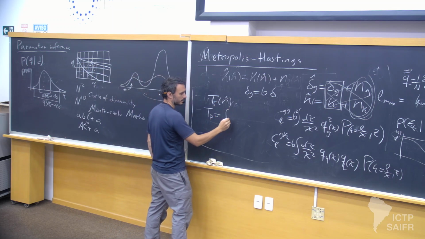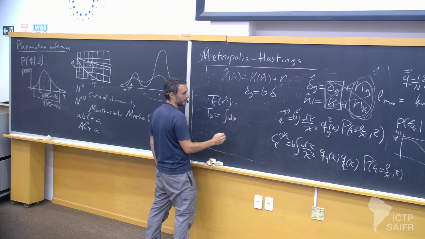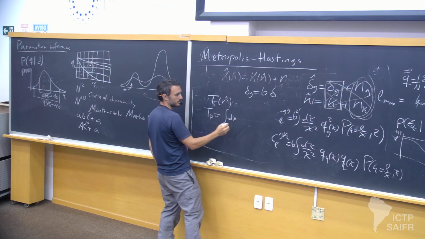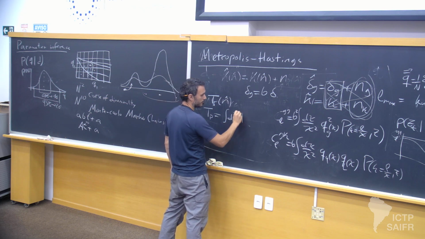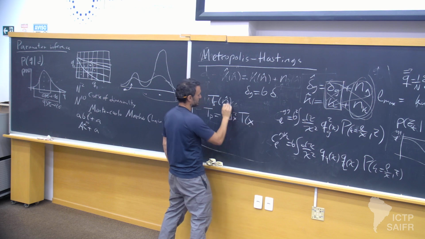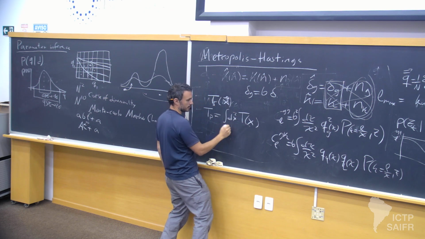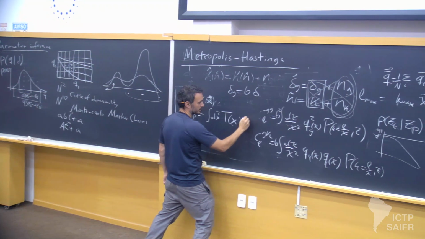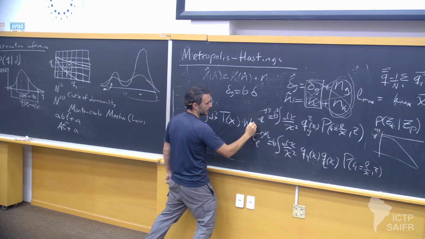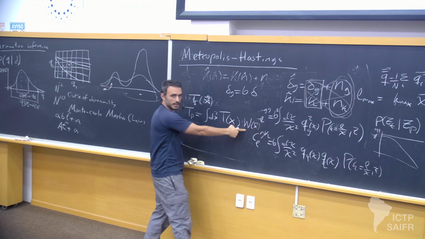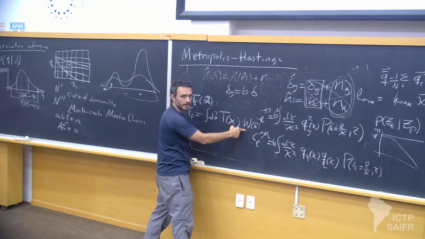It would be something like integrating over points in the sky within this pixel of T of x. Sorry, I'm not sure why I wrote n here. Let's say x, within the pixel, times, for example, the pixel window function. This is 0 if you're outside of the pixel, or 1 if you're inside the pixel.